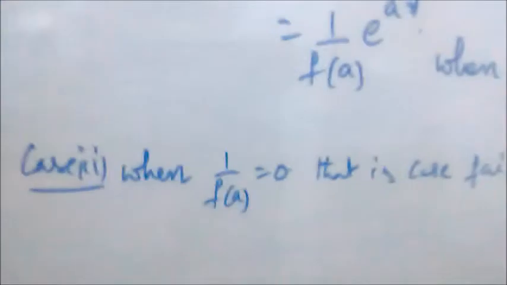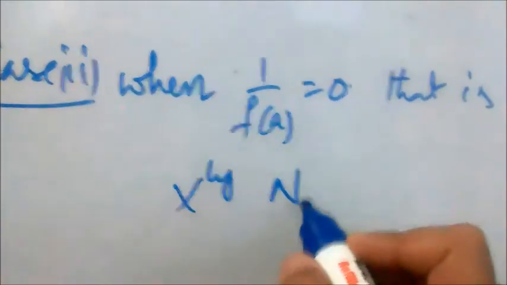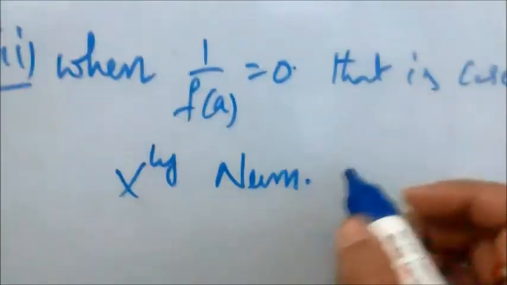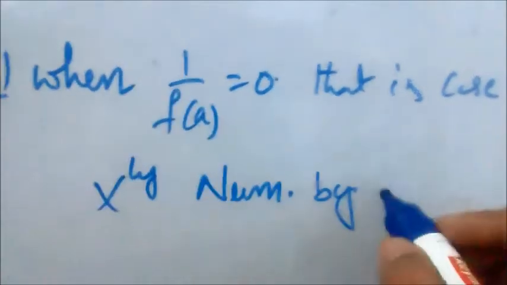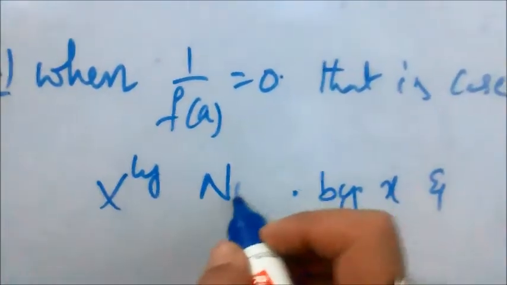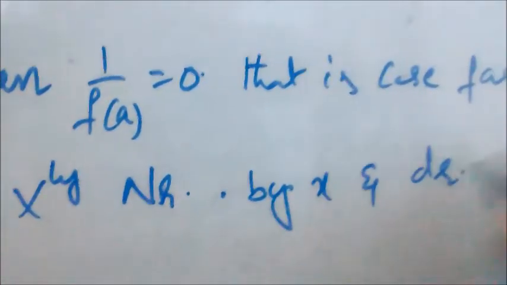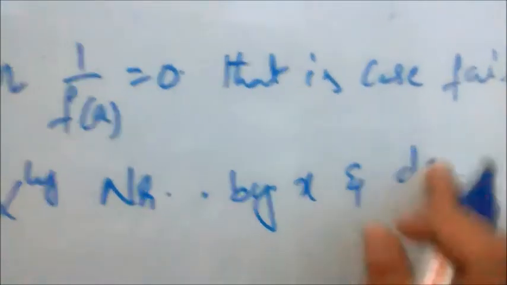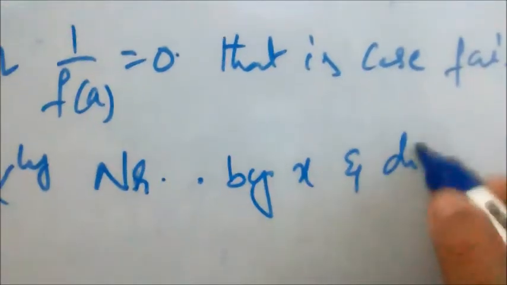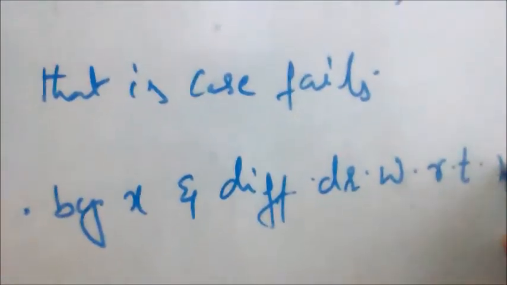When the case fails, we have to multiply the numerator by x, and differentiate the denominator with respect to D.